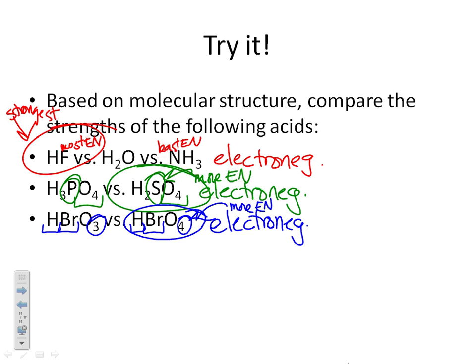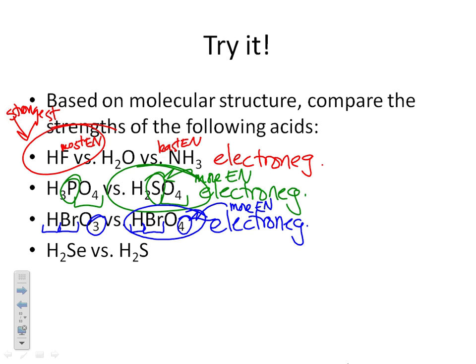We want the hydrogen to be donated. We want the hydrogen to break the bond between it and the rest of the molecule. So adding in that additional oxygen makes that acid stronger. You've essentially given strength to the side that's pulling electrons away from the hydrogen, making it easier to break that bond between hydrogen and the rest of the acid.